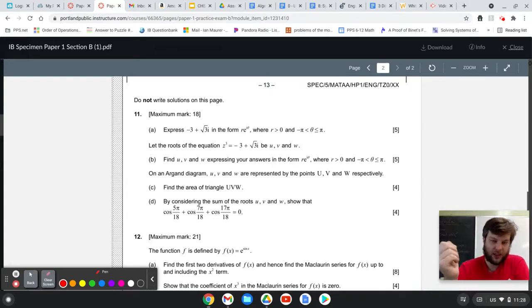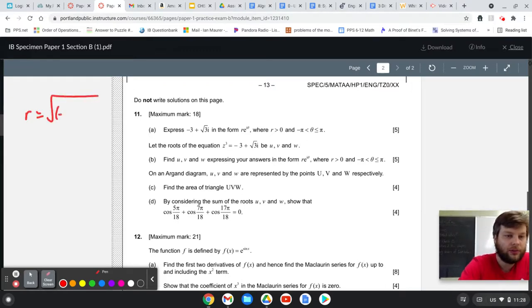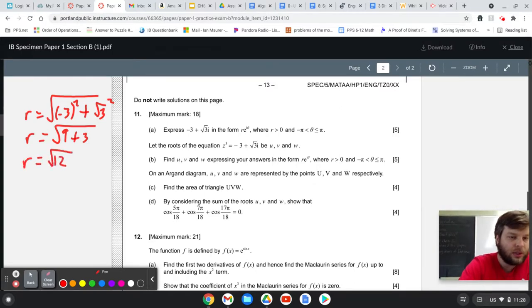The r is just like the Pythagorean theorem, and so I know that r is going to equal the square root of the real part squared plus the imaginary part squared. So that means that r is equal to the square root of 9 plus 3. R is equal to square root of 12. You can go ahead and keep it in that form.